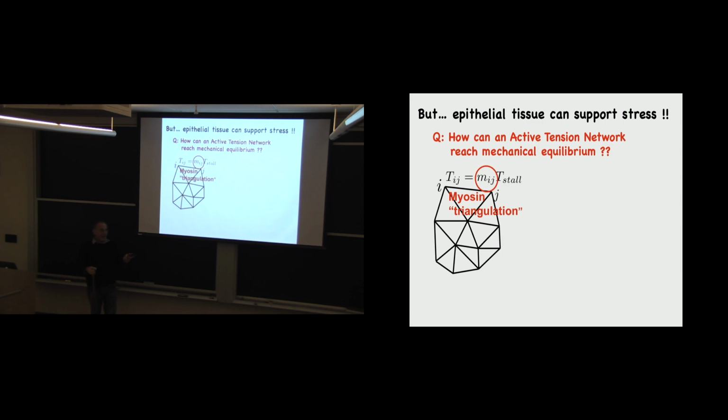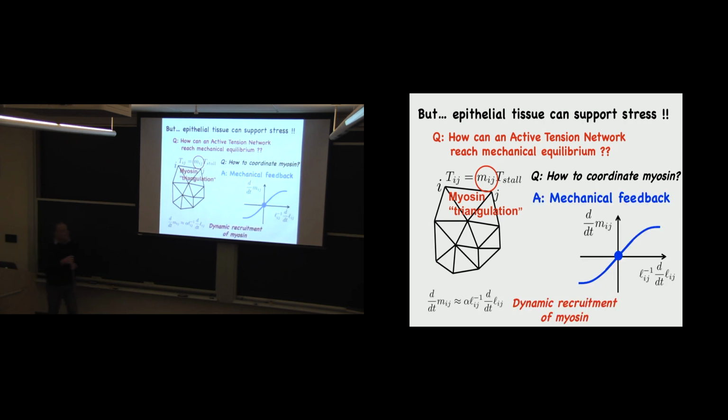And how do we achieve that coordination? How do myosins know what their friends are doing in the cell next door? And then you think a little bit of how you might achieve that, and you realize that there is actually a very simple way of doing it.